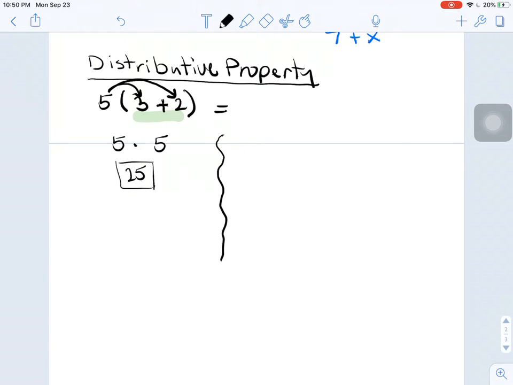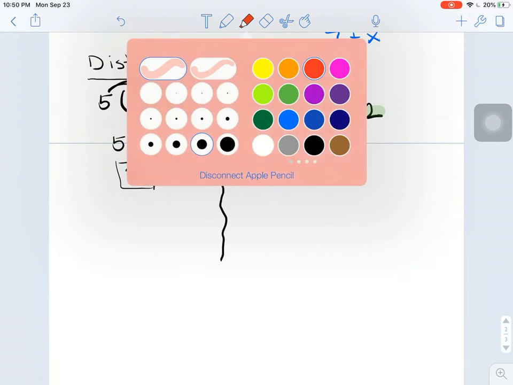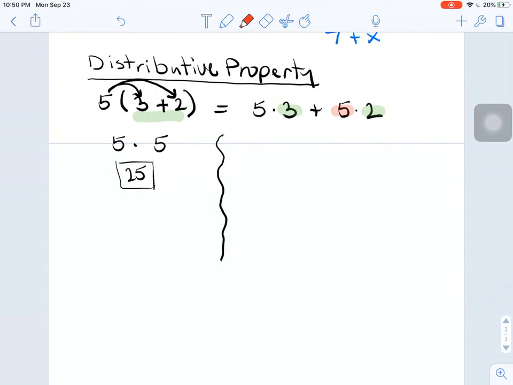So that means I could rewrite this problem. Instead of doing 3 plus 2 and then multiplying by 5, which is what we would normally do, I could do 5 times 3 plus 5 times 2. So I'm taking each of the pieces in the parentheses and multiplying them by what they would have normally gotten multiplied by after I added.